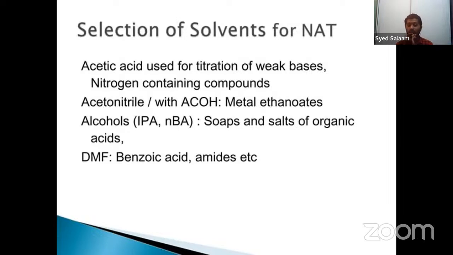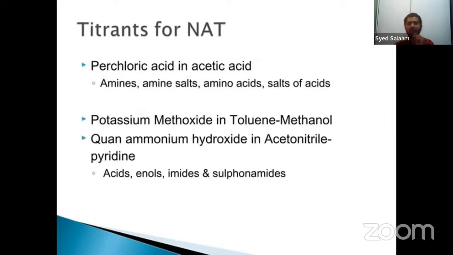For soaps and salts of organic acids, isopropyl alcohol (IPA) and n-butanol (NBA) are used. Dimethyl formamide is used for benzoic acid and amides. These are certain solvents that are commonly used.